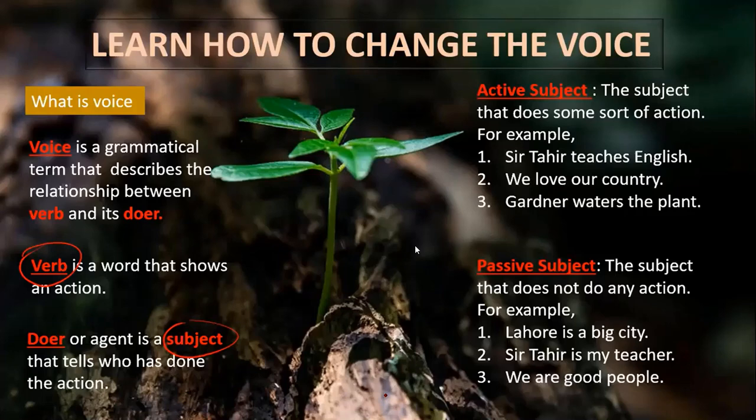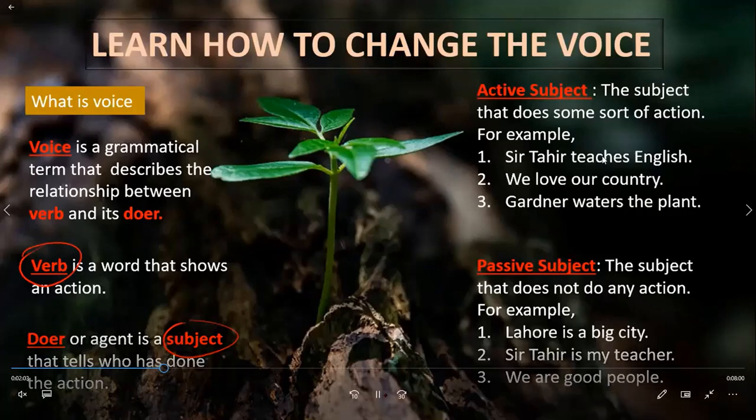The subject that does some sort of action. For example, Sata teaches English, we love our country, gardener waters the plant. What is being done in this sentence? The action of teaching is being done over here, and this particular action is known as verb. Sata is a subject and English is an object.